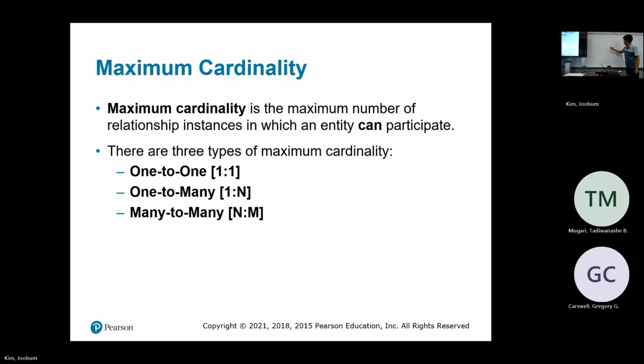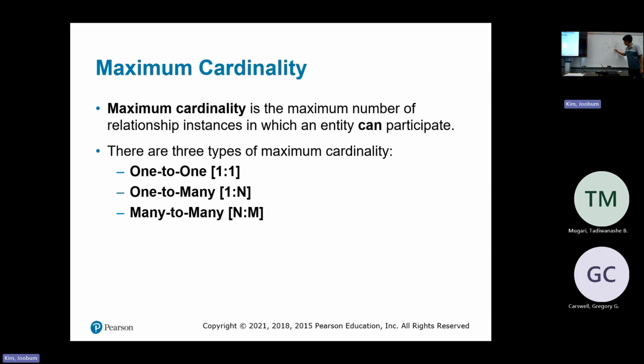What does that mean? The outer symbol, this one and this one, this is the cardinality: the maximum number of occurrences between two entities.